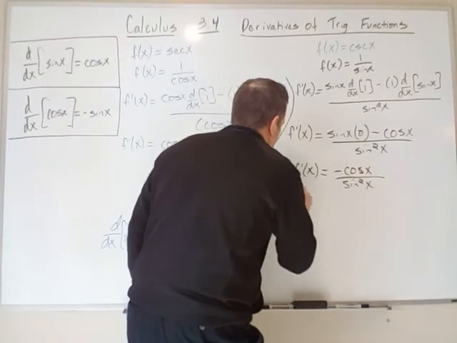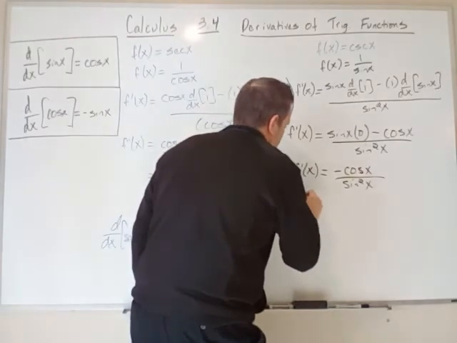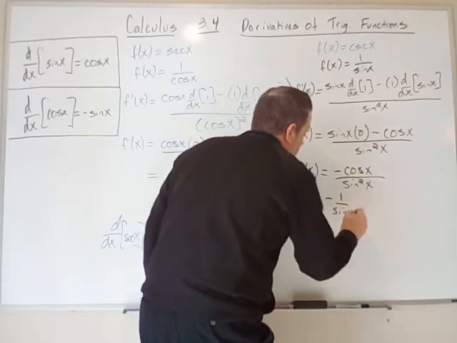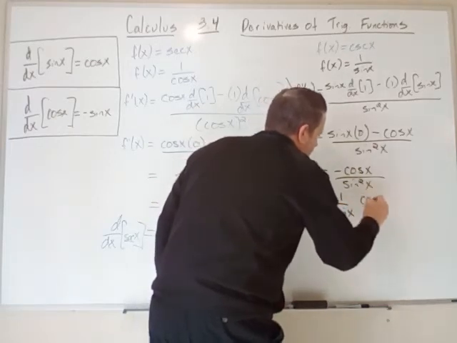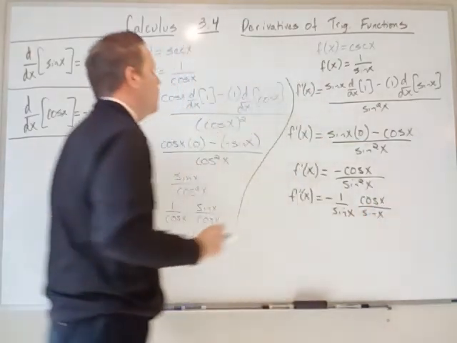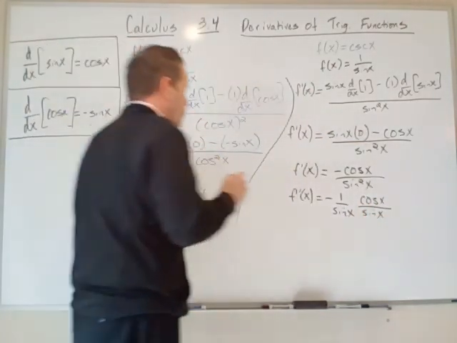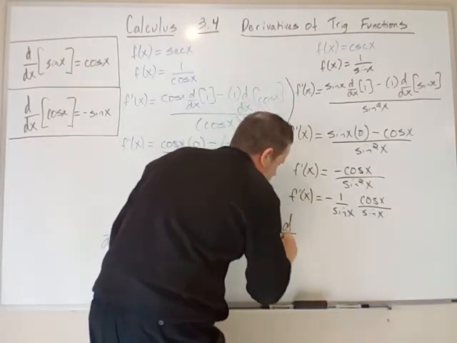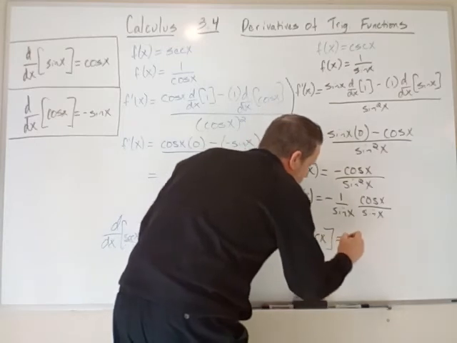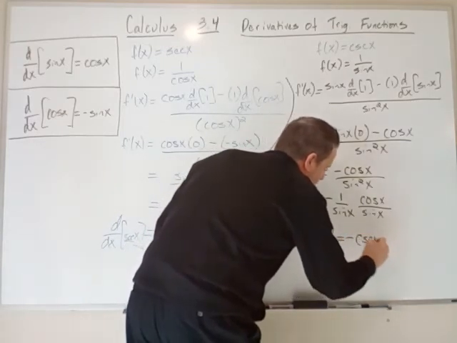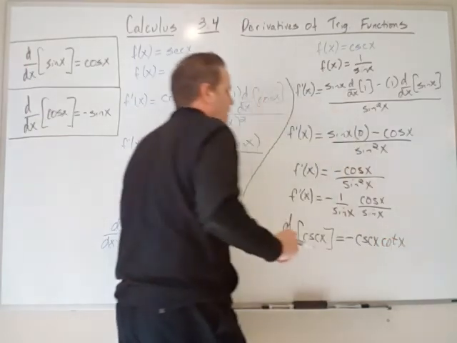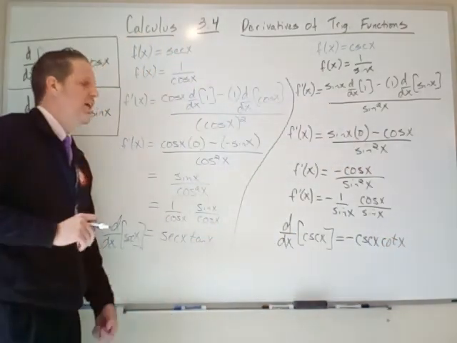And I'm going to say f prime of x is equal to negative 1 over sine x times cosine x over sine x, which means that the derivative with respect to x of the cosecant of x is equal to opposite cosecant x cotangent x.